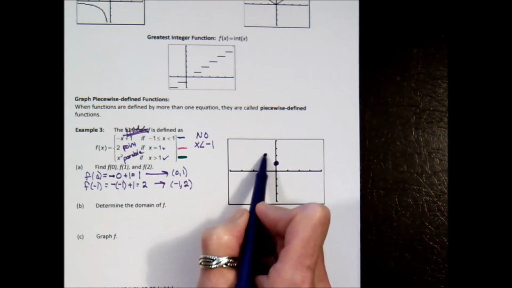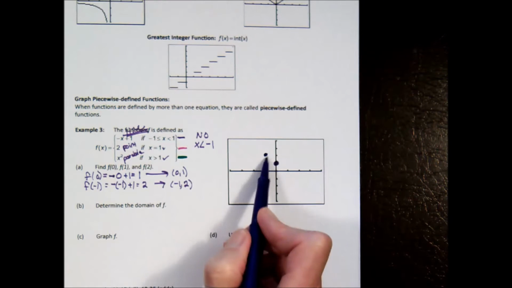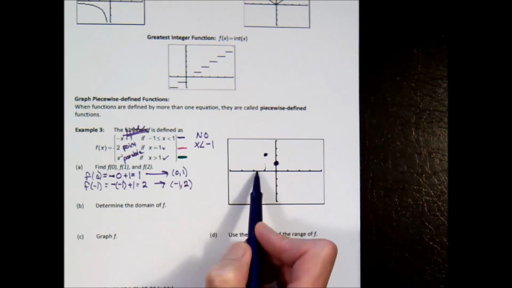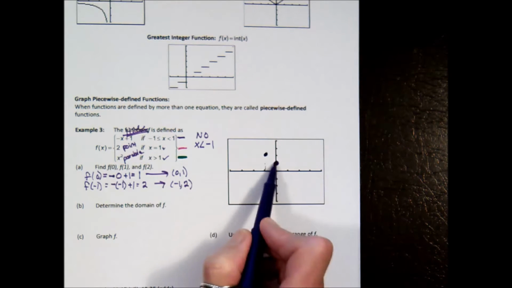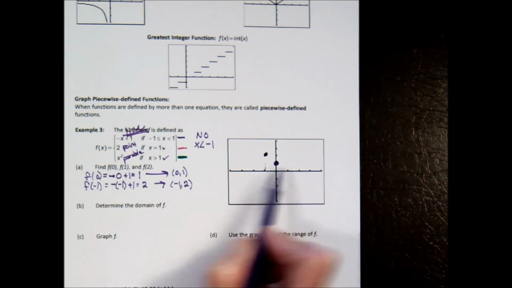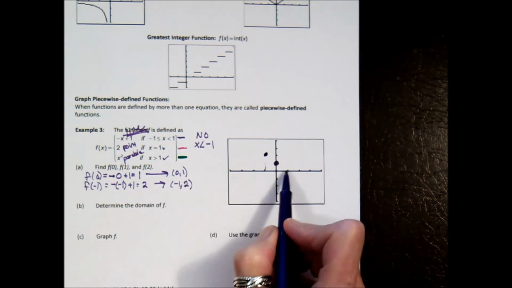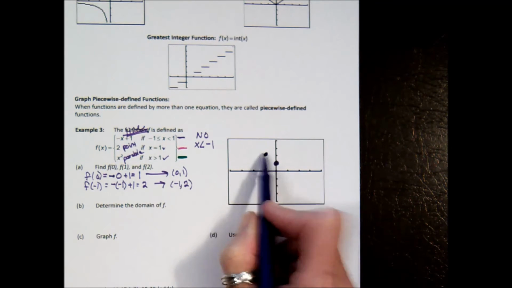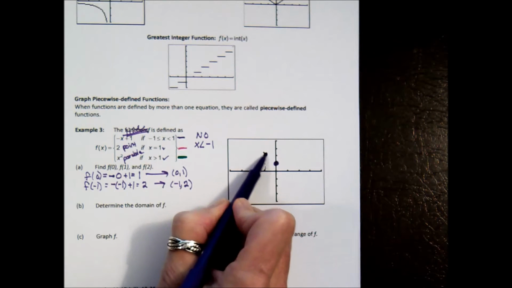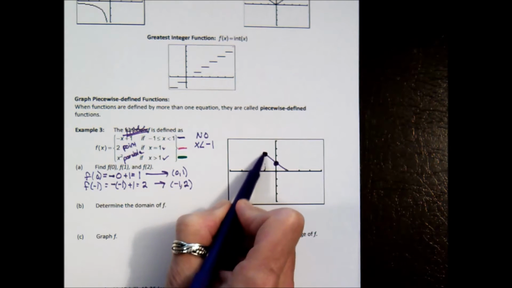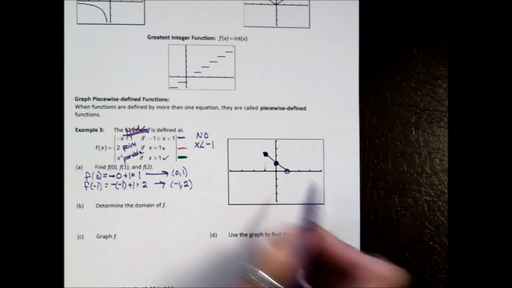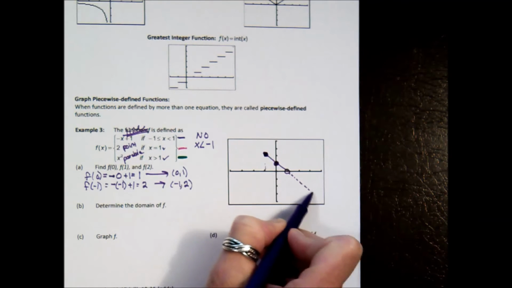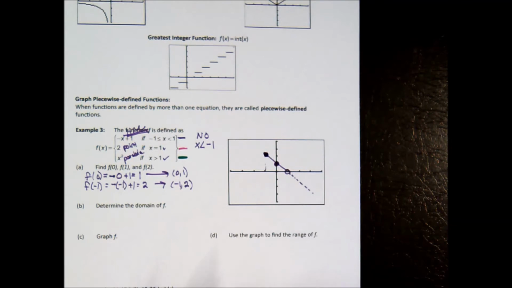So I know my line starts here, but it can't go to negative 2, negative 3. So that's an endpoint. And then what happens to my line when it gets down to 1? Well, x isn't allowed to be 1 either. It's got to be less than. So I know that my graph goes like this, with that being an endpoint. It can't be 1, and it certainly can't be below that. So it's just this part of that line.